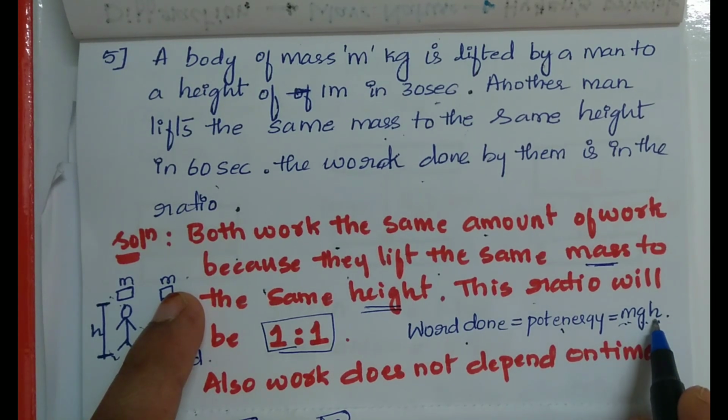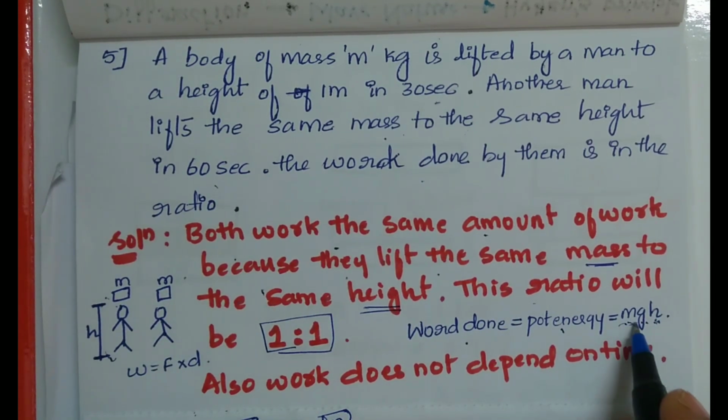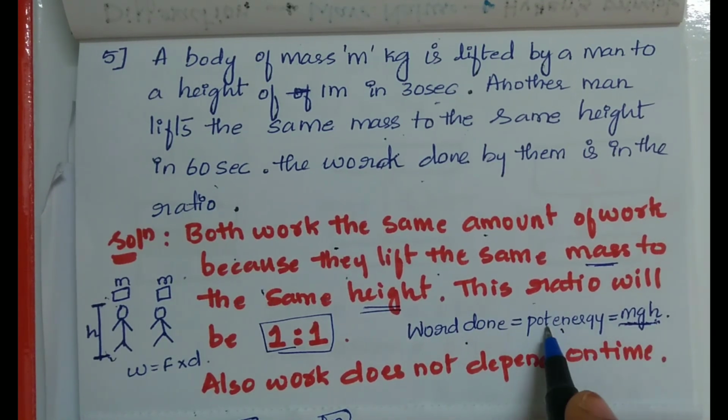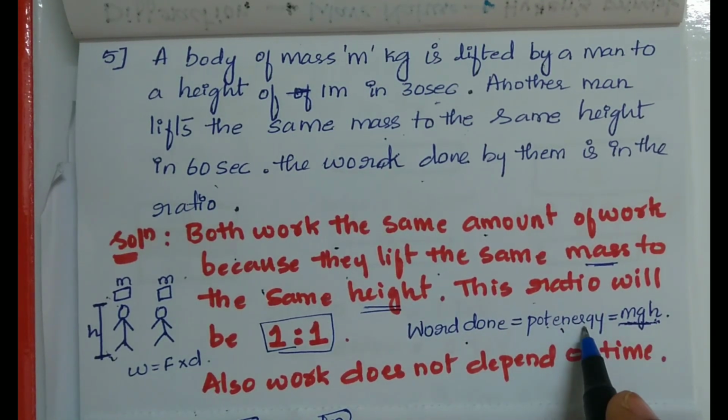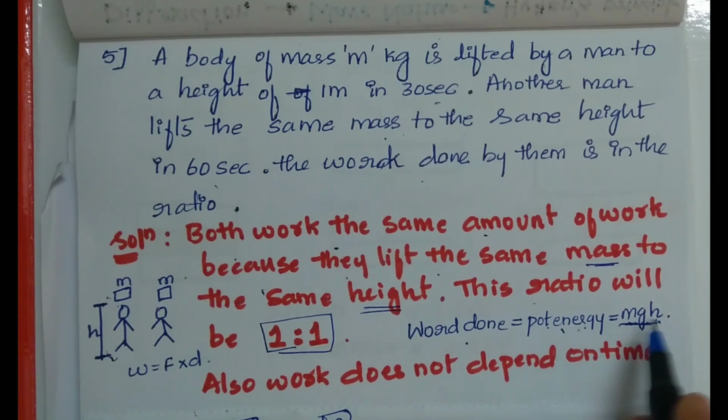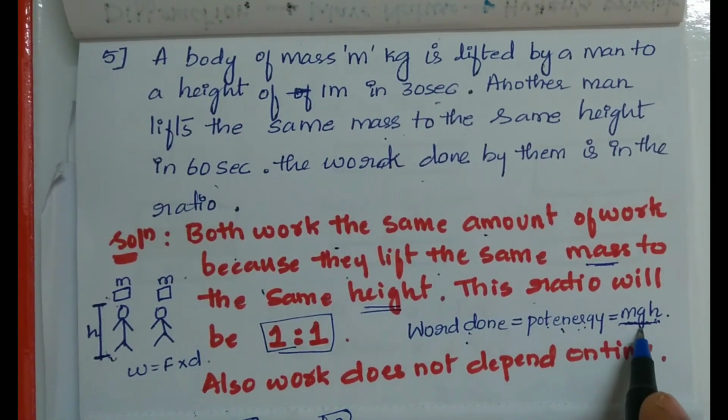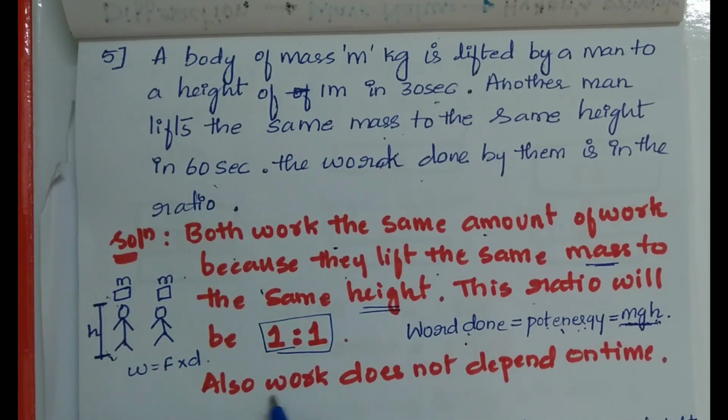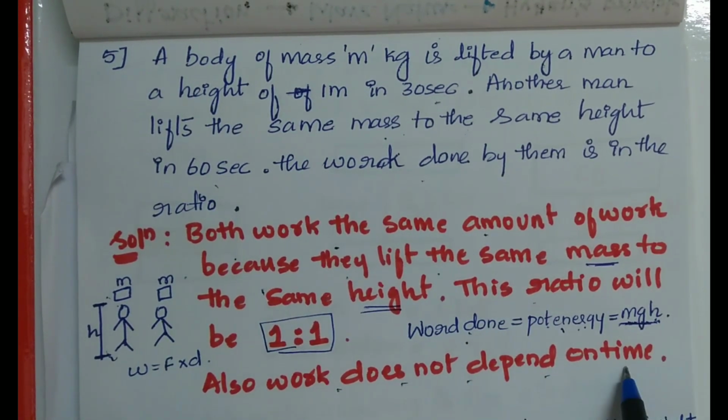Here we can see that it is independent of time. There is no time in the formula of potential energy. So potential energy is independent of time, and therefore the work done is also not dependent on time.